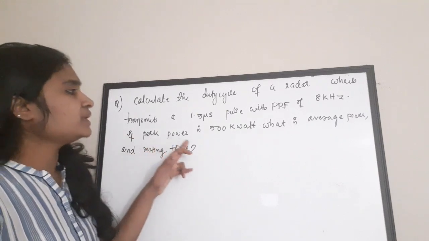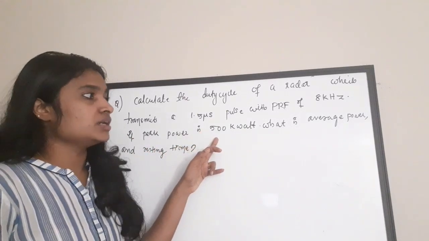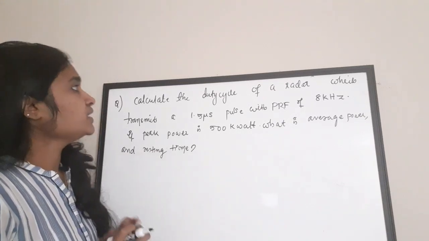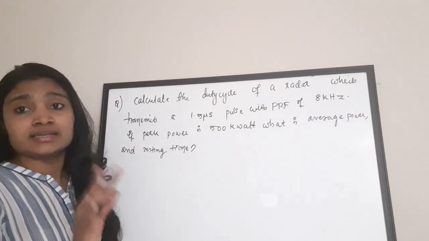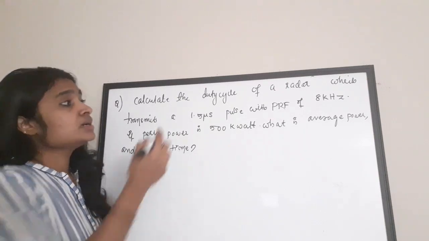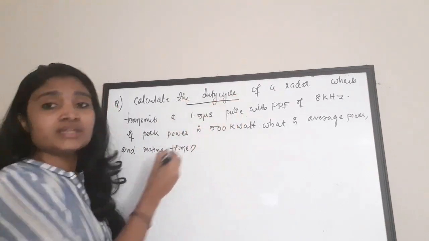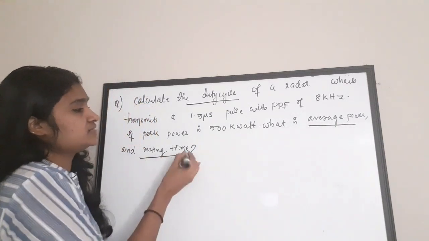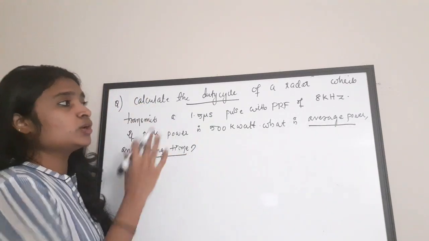If peak power is 500 kilowatt, what is the average power? What is the resting time? We need to find three things for this question, and we are going to study three new concepts: first the duty cycle, then average power, and resting time. In this question, what all things are given?